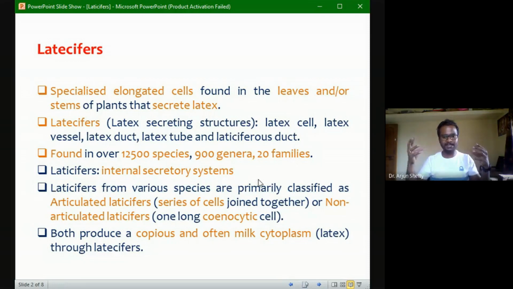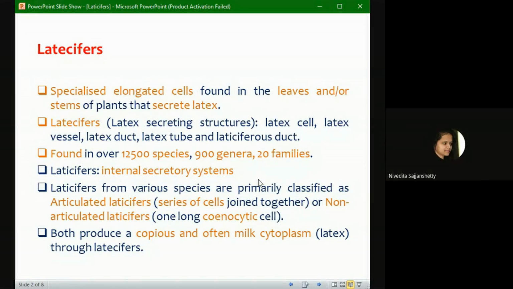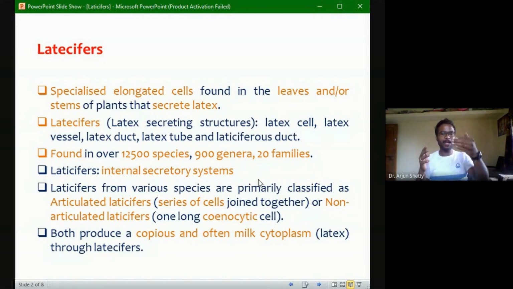What is the meaning of coenocytic cell? Usually in a cell division, karyokinesis and cytokinesis occur. Which one occurs first, karyokinesis or cytokinesis? Karyokinesis, yes. So here, a cell after undergoing karyokinesis fails to undergo cytokinesis.